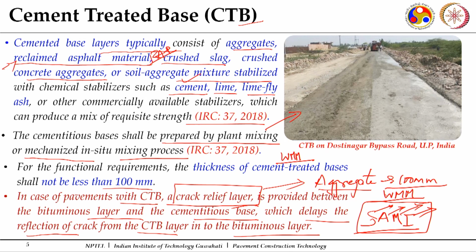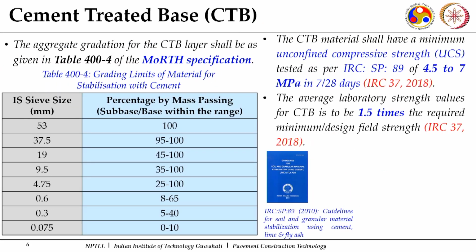So, these are the important considerations to be taken care of when you are utilizing a cement treated base course in the construction of flexible pavements. Now, as per the gradation requirements, the CTB layer, cement treated base layer, should have an aggregate gradation as per Table 400-4, which is recommended by MORTH specifications. And as we discussed in the last lecture, NMS is the nominal maximum size, the sieve size from which some material passes.